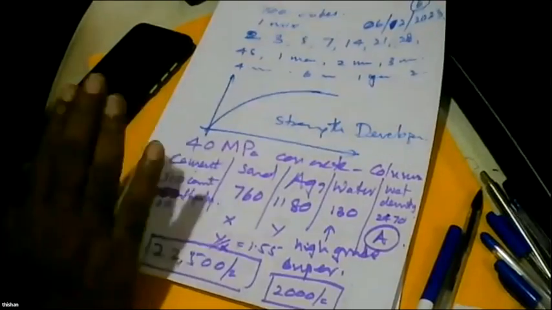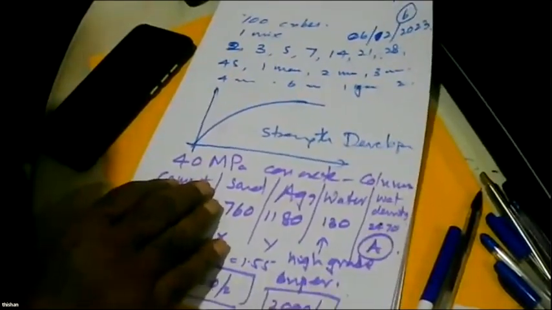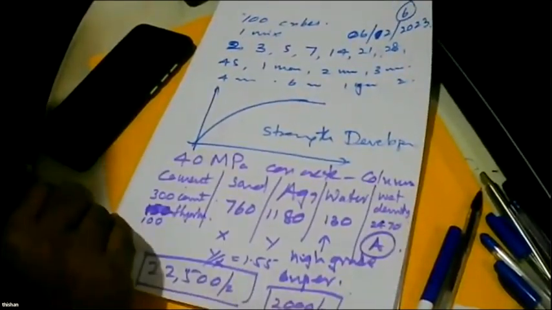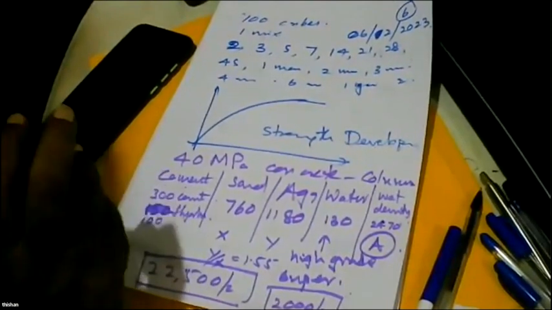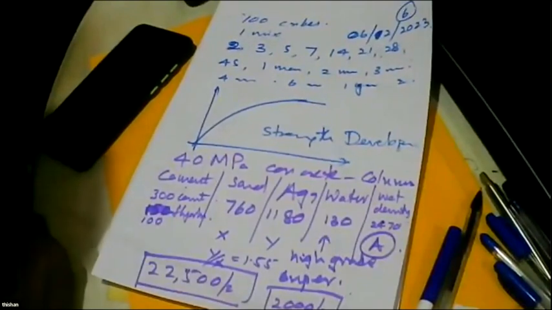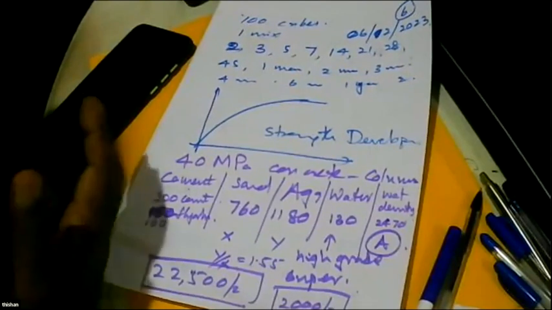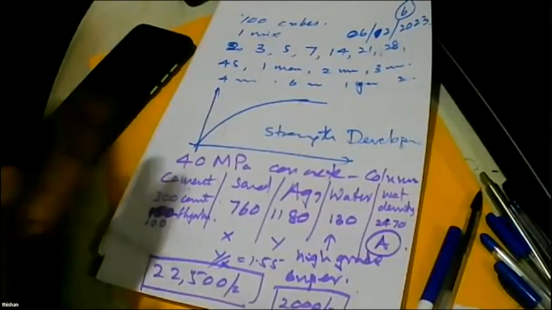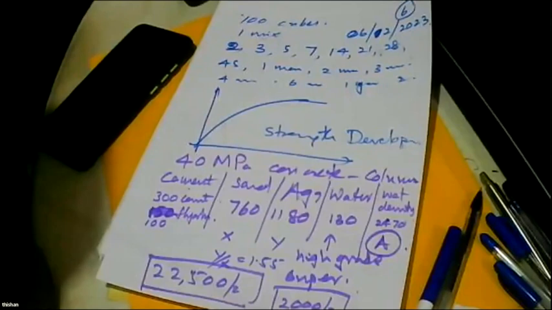So our engineers are very reluctant to go ahead with the strength development curve. So they think it's a waste of money. No, it's not a waste of money. It's a real asset. It's a knowledge base, your database. And then even a consultant cannot say, I have read this literature and that literature. Why?